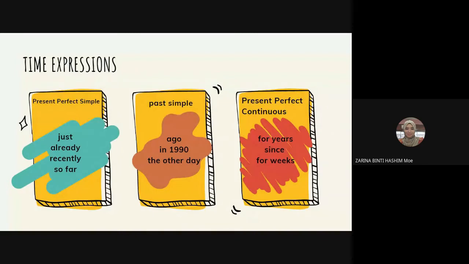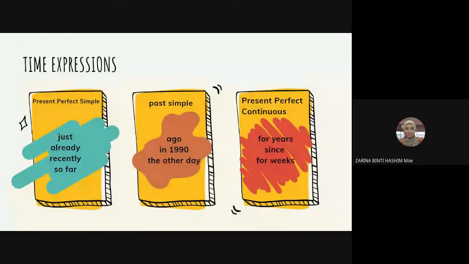Now we go to number 3. We try number 3, we do one by one. Just type your answer in the chat box.